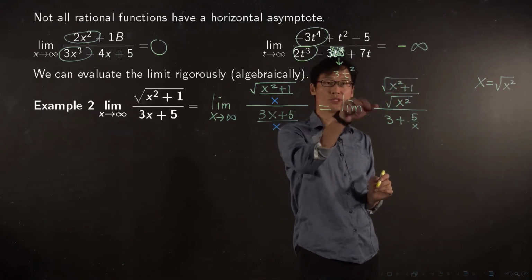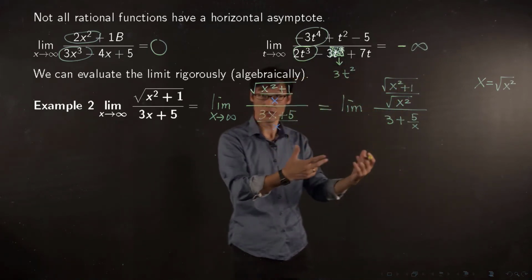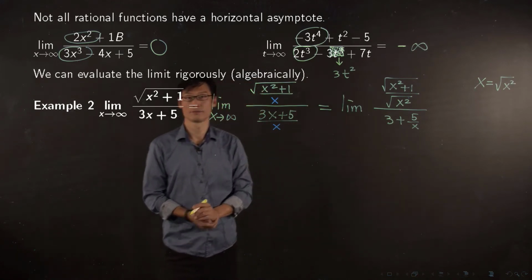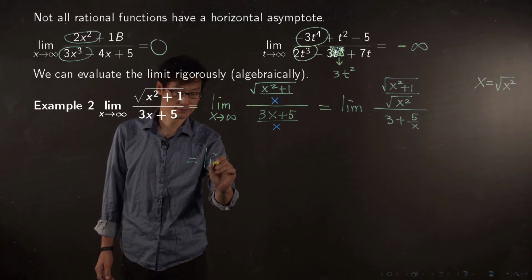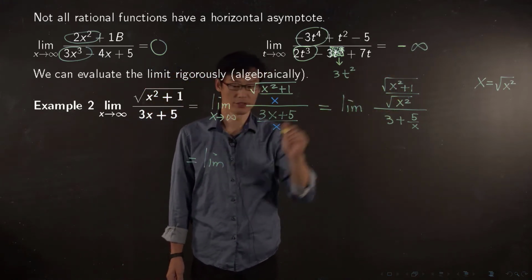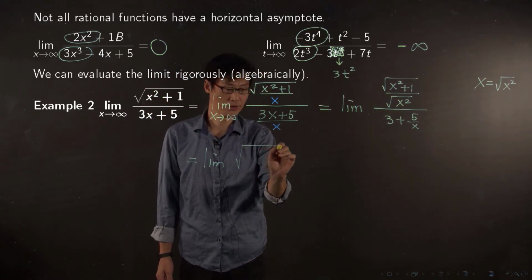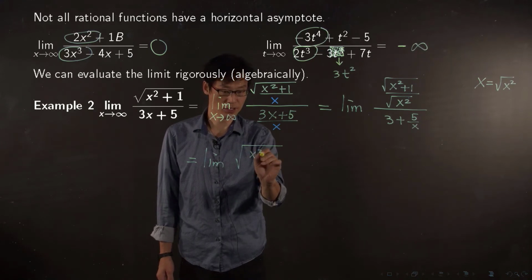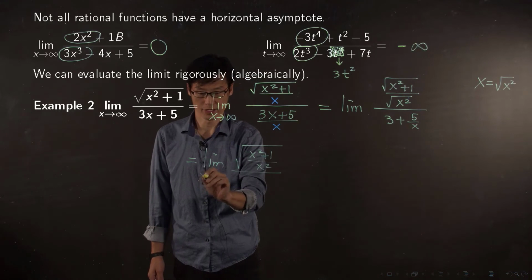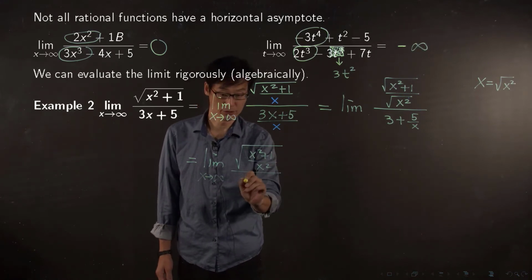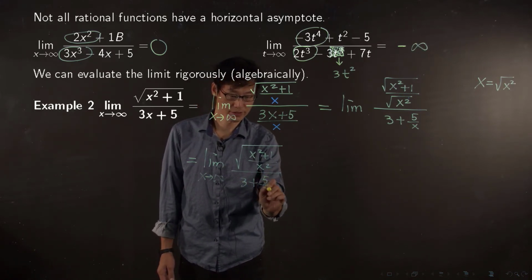And now you want to put them together to get a better expression. Once you put them together, we have x squared plus 1 over x squared, and the same denominator, 3 plus 5 over x.